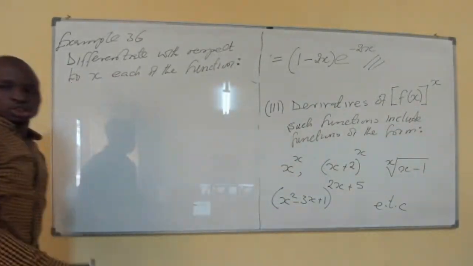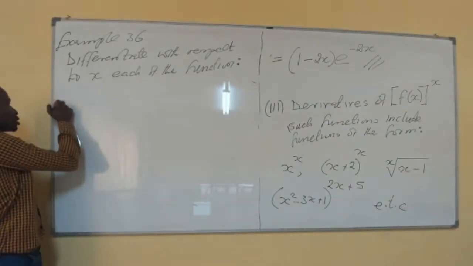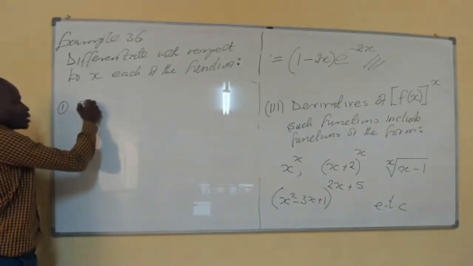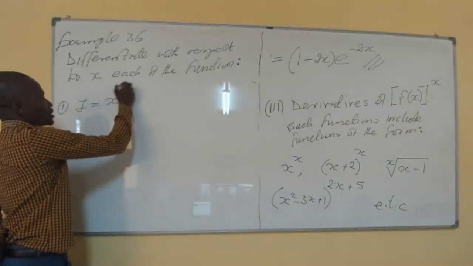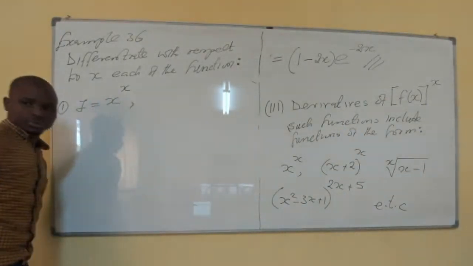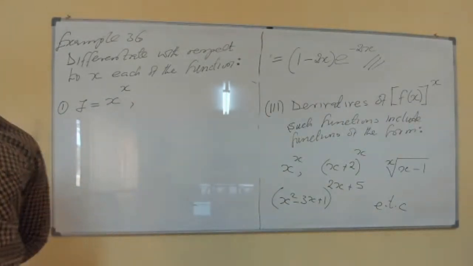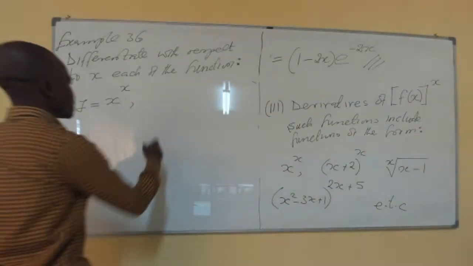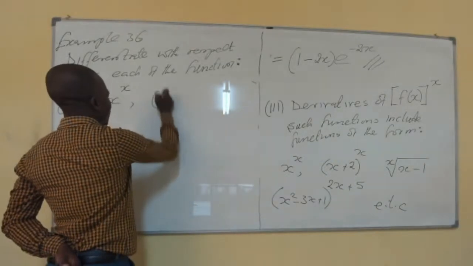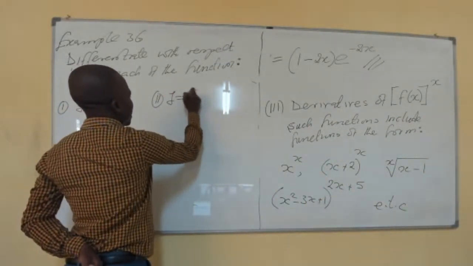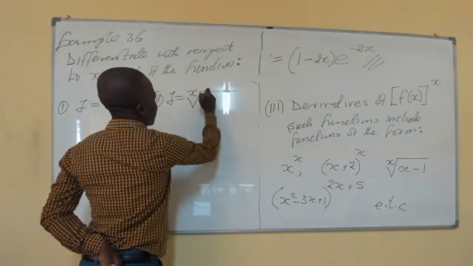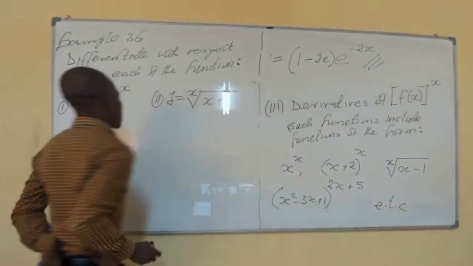Now, what are these functions? The first one is y equal to x to the power x. The second one, number 2, is y equal to the xth root of x plus 1.